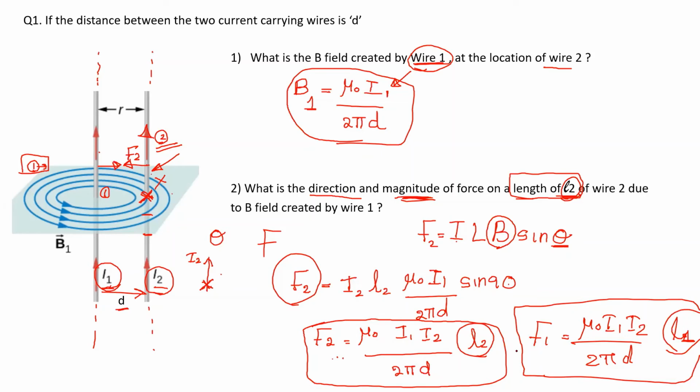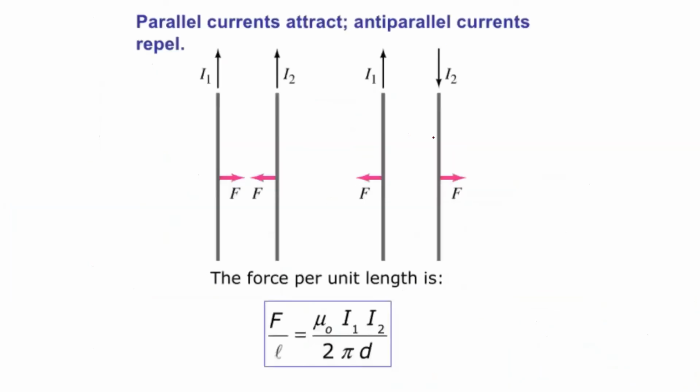So I have a summary in the next slide. This is the summary. If you have two wires carrying currents in the same direction, then they will attract each other.